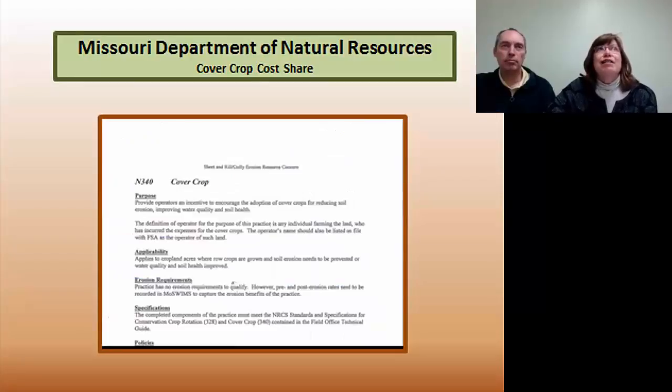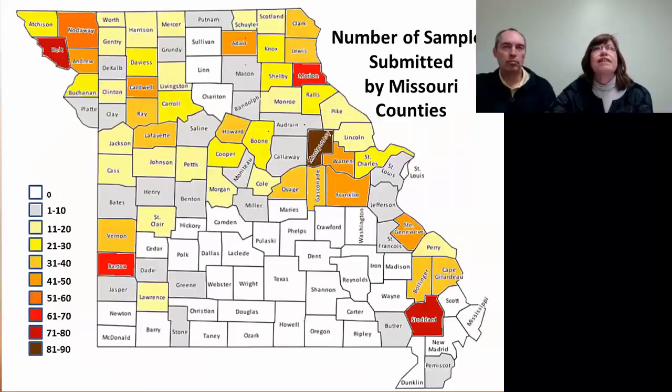We have been able to gather a lot of information over the past year because the Department of Natural Resources in Missouri has issued a cover crop cost share program, and as a part of this, they have required the farmers who are participants to send a soil sample to our laboratory, so that we could build up a database for soil health properties within the state.